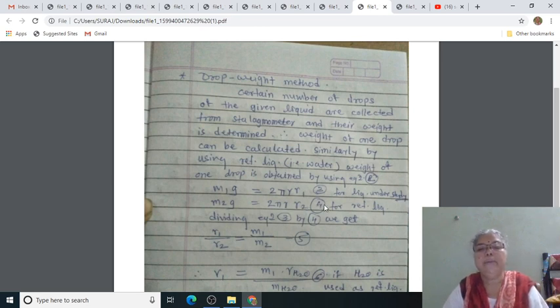Let this be our equation number 4 for the reference liquid. Then dividing equation number 3 by equation number 4, we get gamma 1 by gamma 2 equal to m1 upon m2. Let this be our equation number 5.